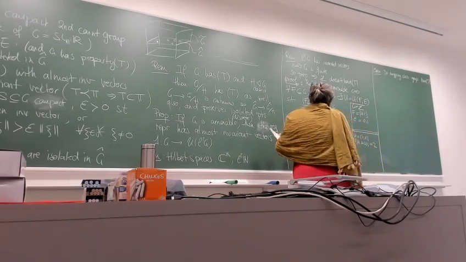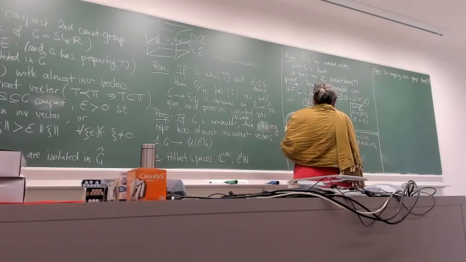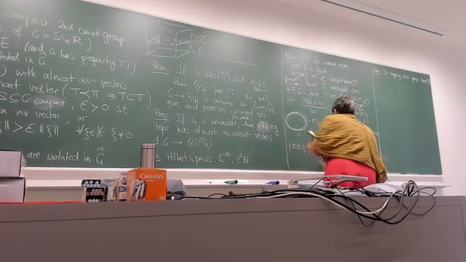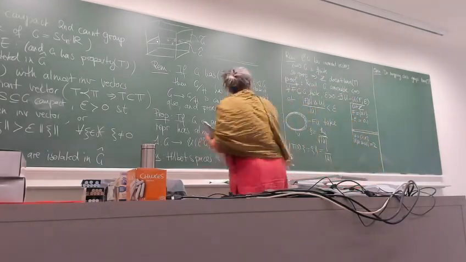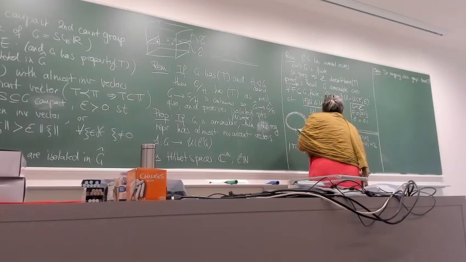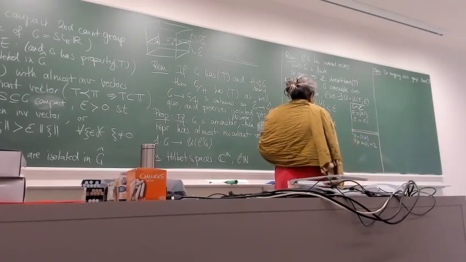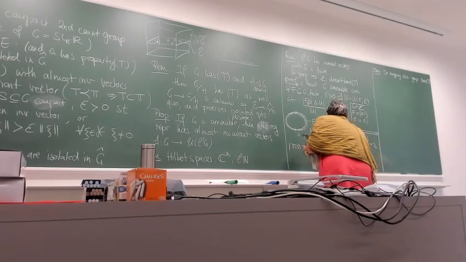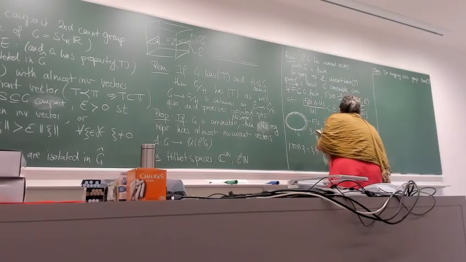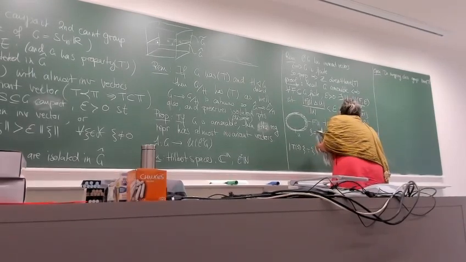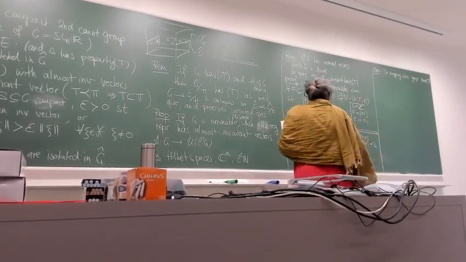I guess I'm going to do it like this. I'm going to take psi u, and then when I do that, I'm going to get something that's bounded by the symmetric difference between Fu and u.